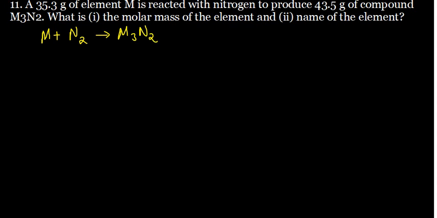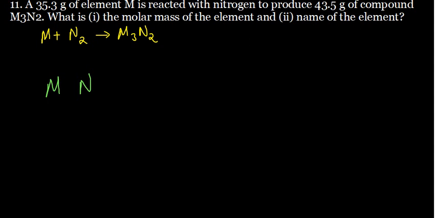Now we know that the only way you can form such a formula, of course, is M reacting with nitrogen. Now this 2, which is down at nitrogen, we don't consider when we are forming this formula. It's just that nitrogen always exists as a diatomic gas. That is why you always include it, just like oxygen, fluorine, and also hydrogen.